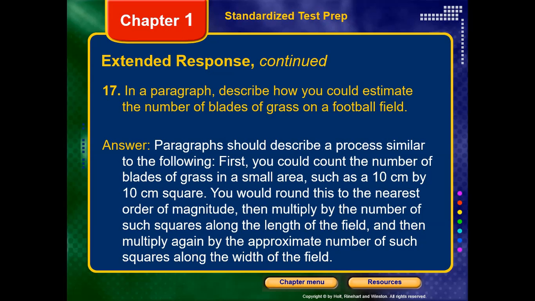Then you divide the area of the whole football field by the 10 centimeters to find how many 10-centimeter areas there are. In this case, the result will be, for example, 600. Multiply the 600 by the number of grass blades in each 10 centimeters. It will give you the total grass in the whole field.